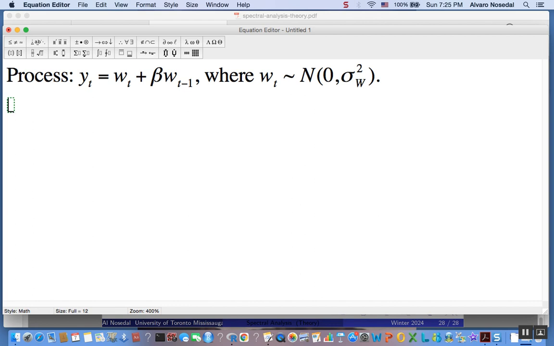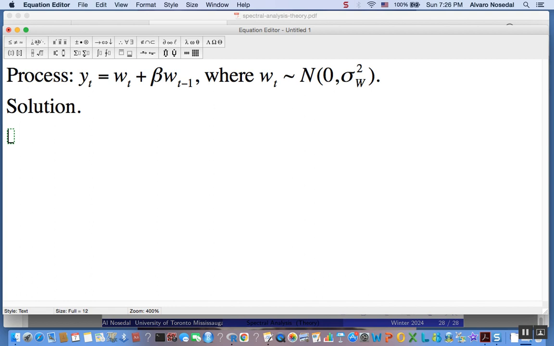So, solution. First, let me remind you what's the definition of the spectral density. Okay?